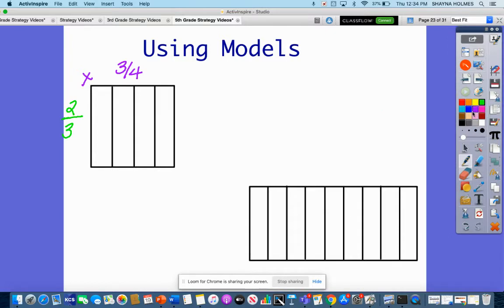Okay, so I'm going to color in my 3/4. Just make sure that you put one factor up here and one factor on the side. And then my 3/4, I've divided that right here into my fourths because 4 is my denominator. And then I'm going to shade in my 3 sections.